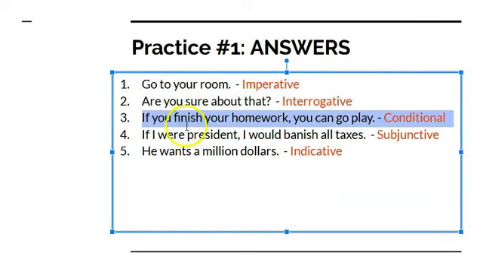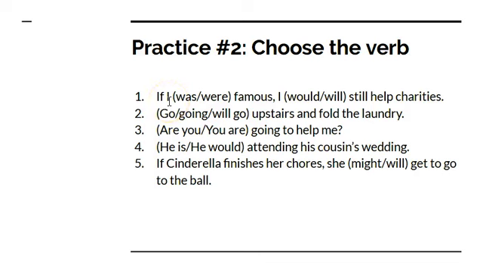For the next practice, think about which verb is most appropriate for each sentence. Pick the one that is most appropriate based on what mood the sentence is supposed to be or is trying to be. Here are the answers.